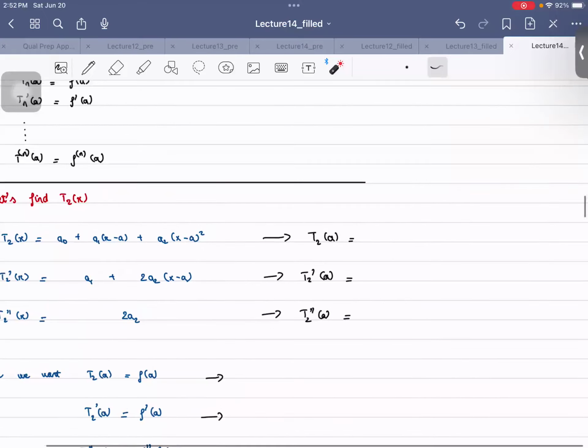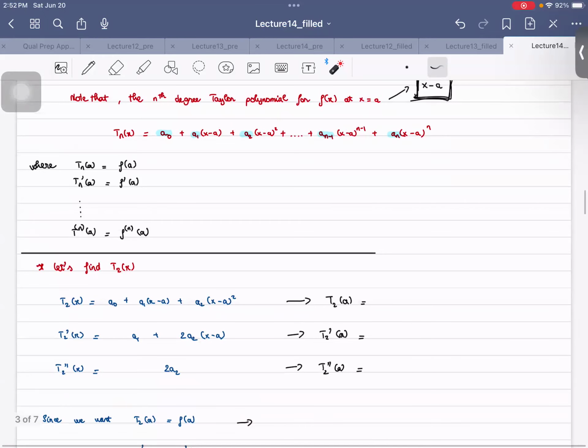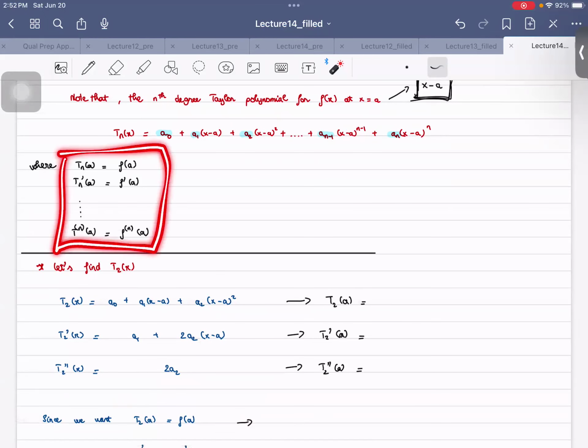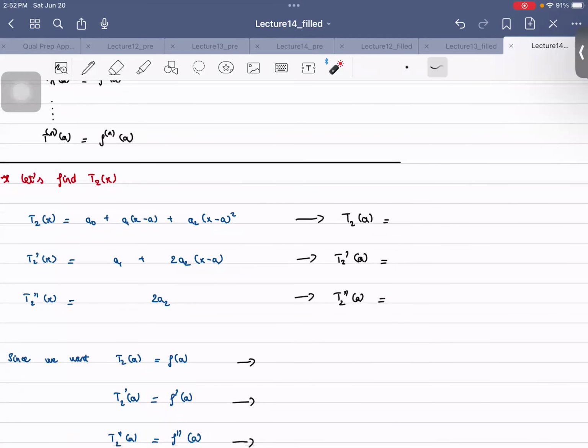From here, remember that your polynomial approximation should carry the information over here. So I need to figure out the output for T, T prime of a, and the nth degree derivative of T as well. This is the function for T2 of x.